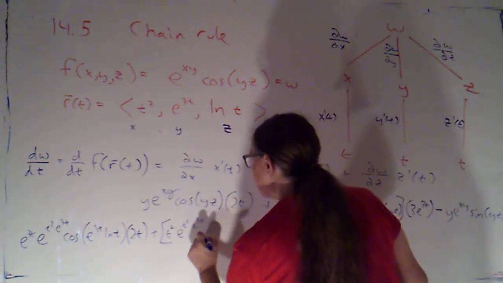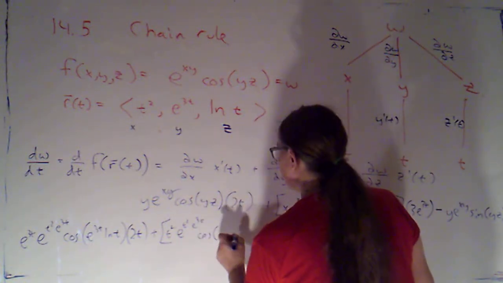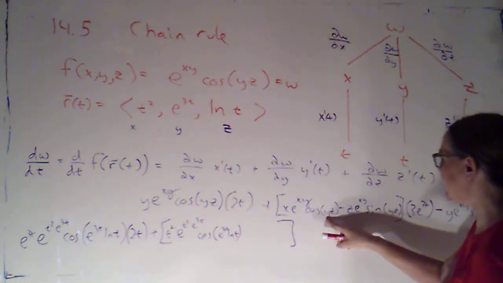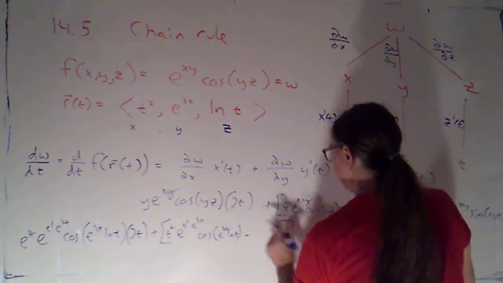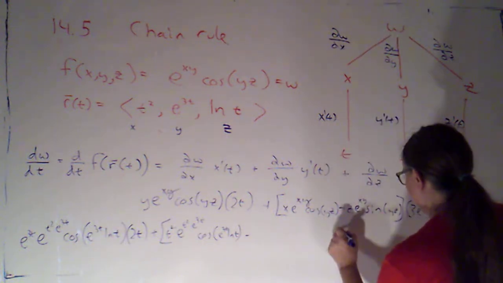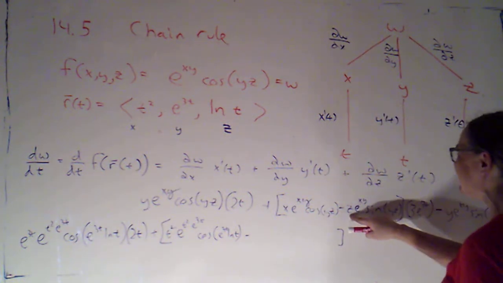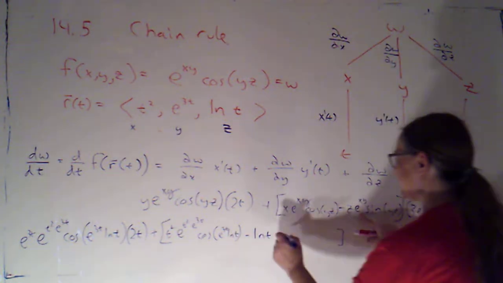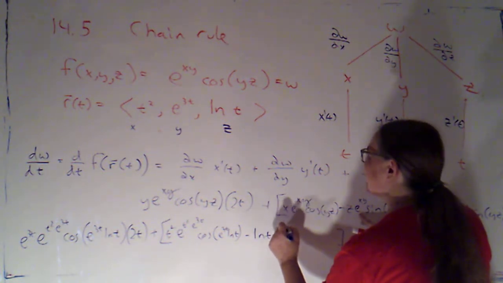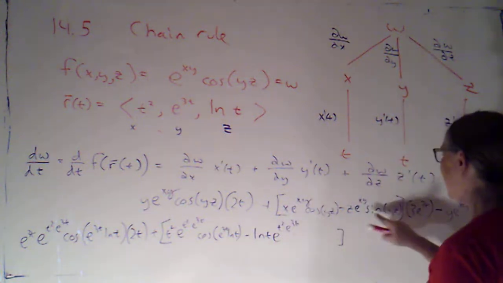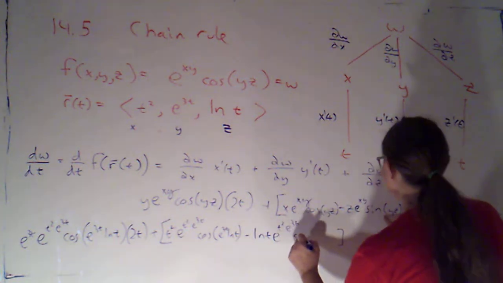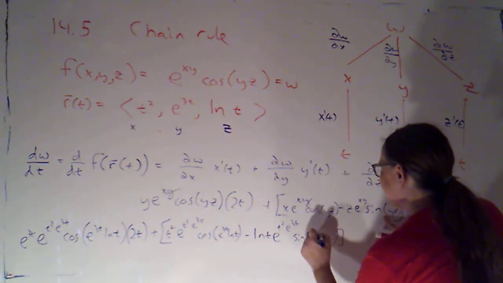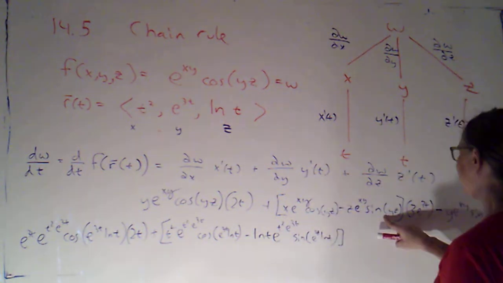Cosine of yz is again just cosine of e to the 3t times the natural log of t, minus, I'm going to move this bracket over, this is taking some space, z was the natural log of t times e to the xy was e to the t squared e to the 3t times sine of y times z is sine of e to the 3t times the natural log of t.